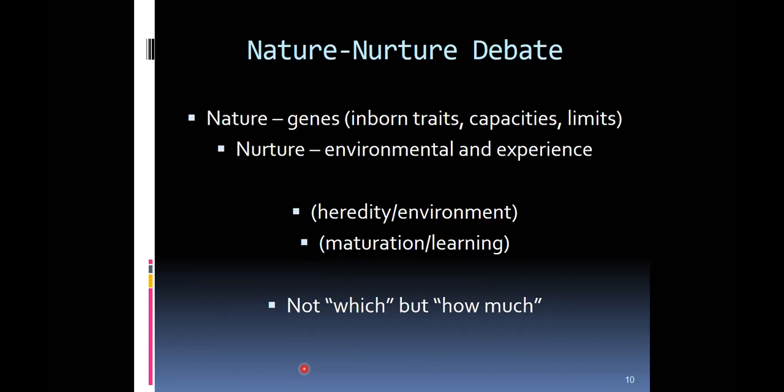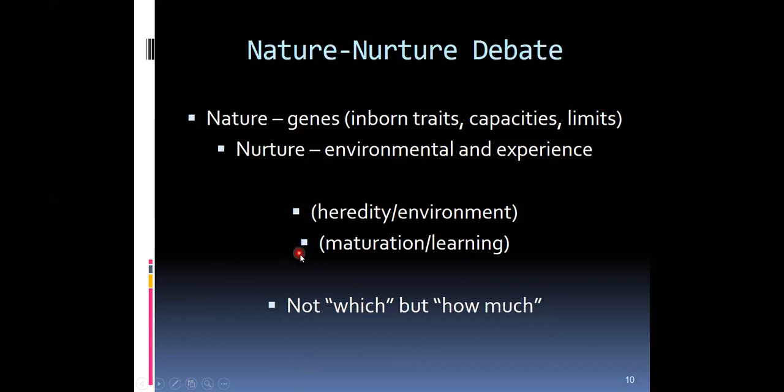On the other hand, nurture has to do with the influence of our environment on development, the influence of our experience. So sometimes this might be indicated by contrasting heredity, our genetic heritage, with the effects of our environment.